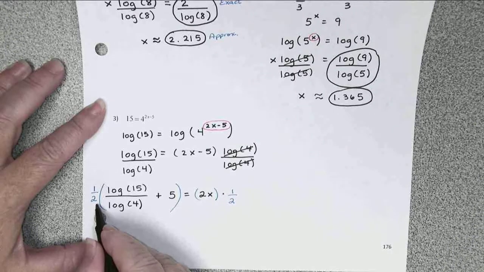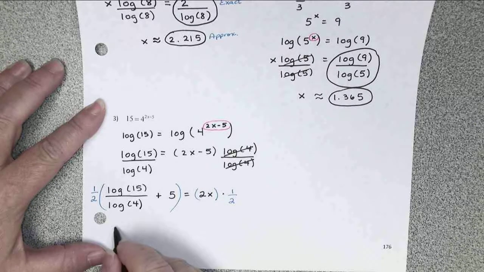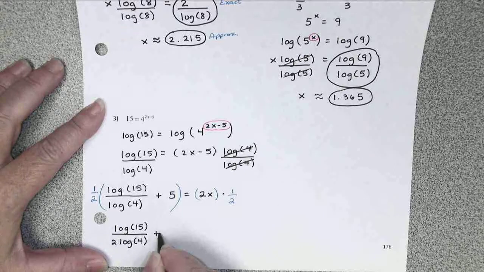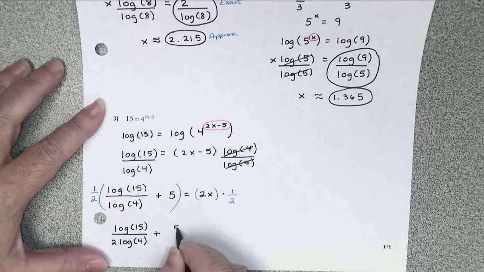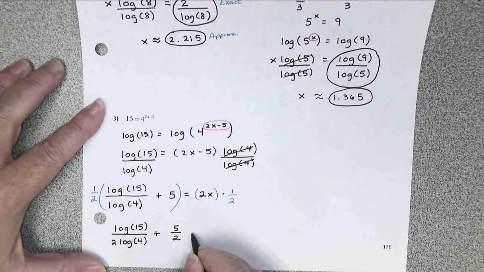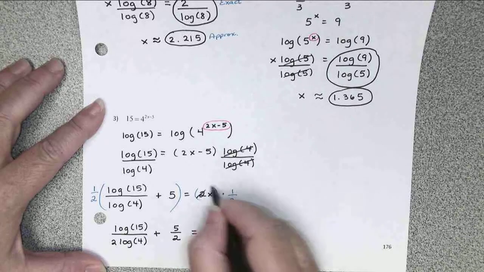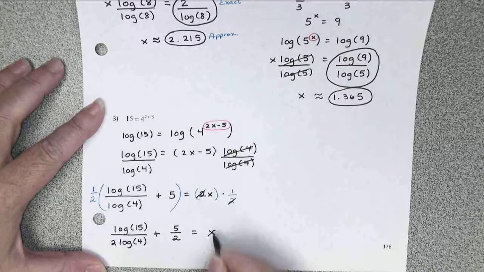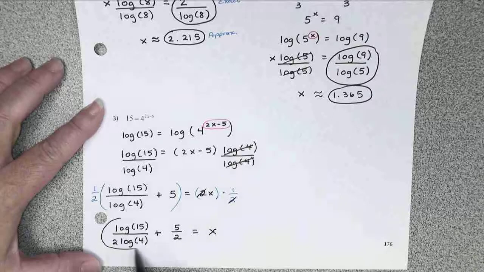When I distribute the 1/2 then, I get the log of 15 divided by 2 times the log of 4 plus 1/2 times 5 would be 5 over 2. Of course, over here the 2's cancel and I just get x. So there's an exact answer.